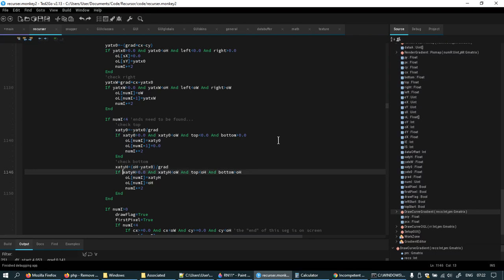X at Y height equals X at Y height equals output height minus Y at x0 divided by gradient. Am I getting that bit wrong? I can easily believe I am.